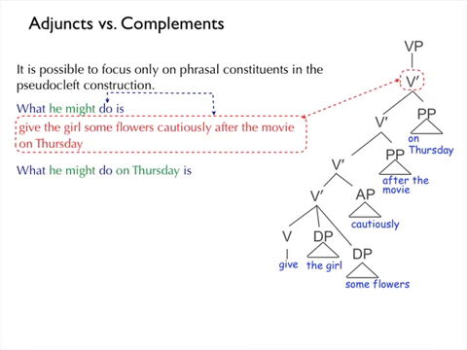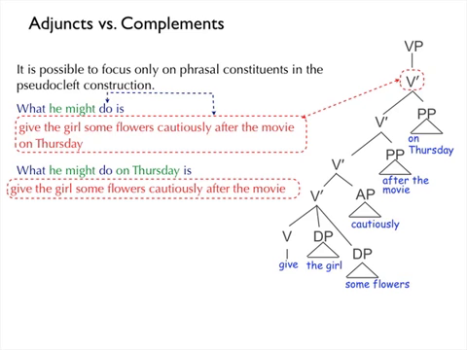What he might do on Thursday is give the girl some flowers cautiously after. It's fine, right? So that gives us the evidence for that part. That's why we're saying that we have a stacked structure of this kind, because what the pseudocleft construction allows you to focus on is not just whole verb phrases, but the claim is going to be any V bar within a verb phrase.